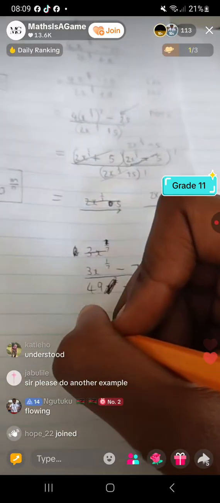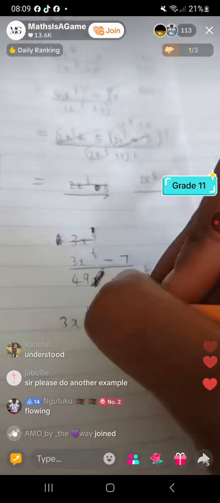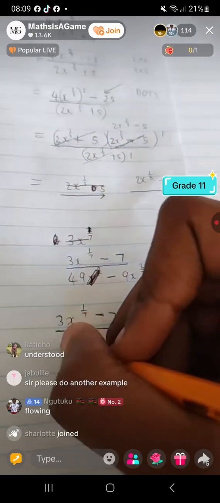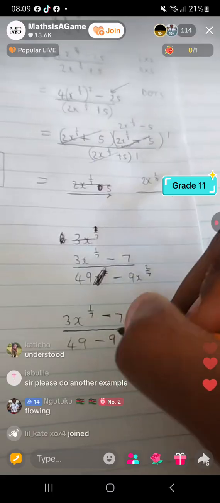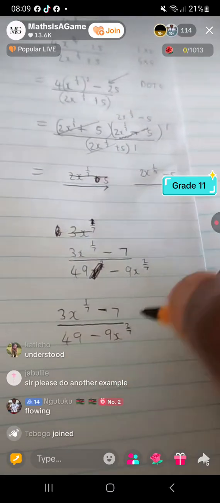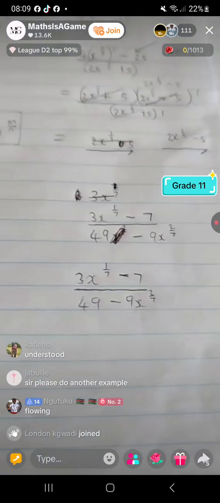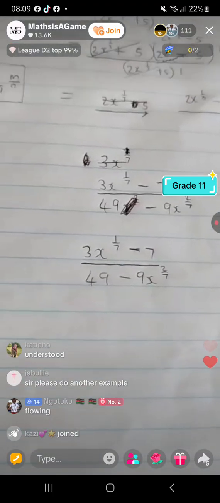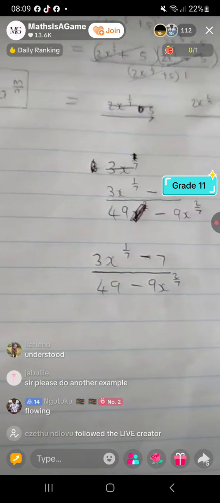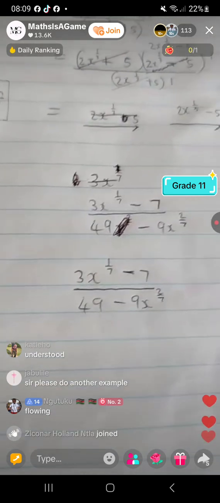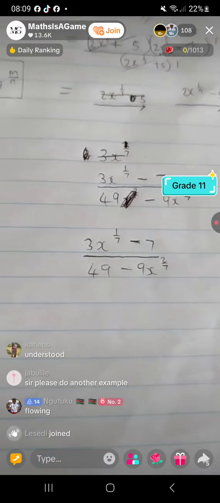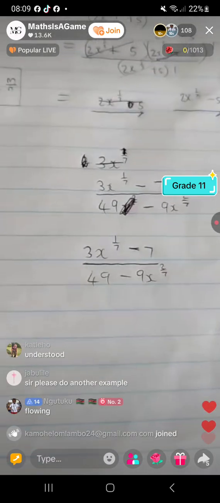Okay, let me just rewrite this, because 3x to the power 1 over 7 minus 7 over 49 minus 9x to the power 2 over 7. All right, so I'm sure you guys can see this particular problem. Maybe let me give you 4 minutes to attempt the problem, and then I will do it.